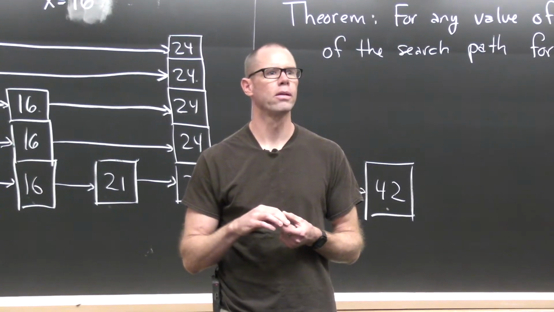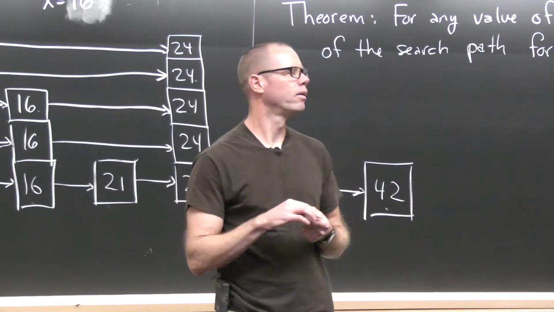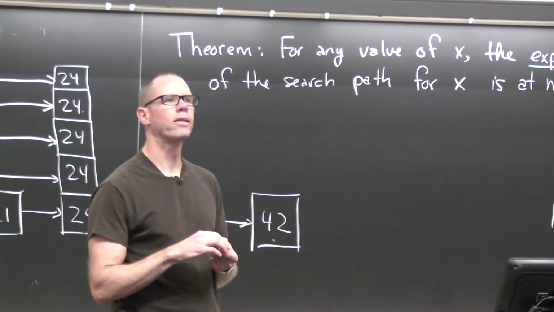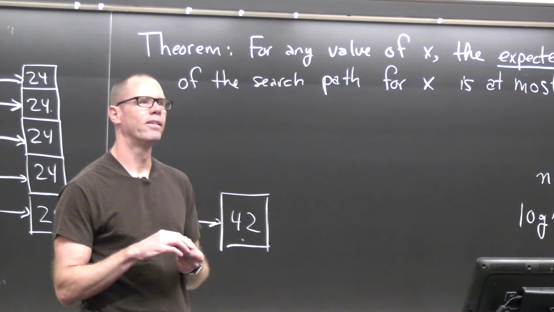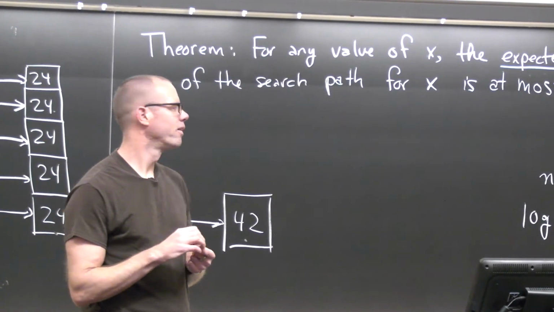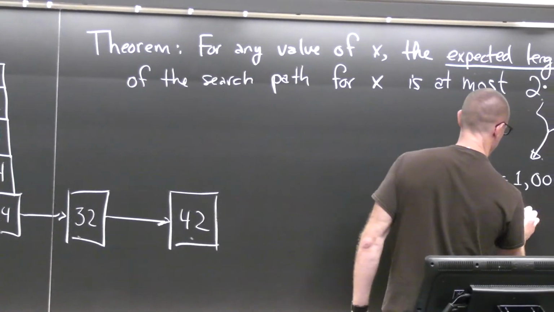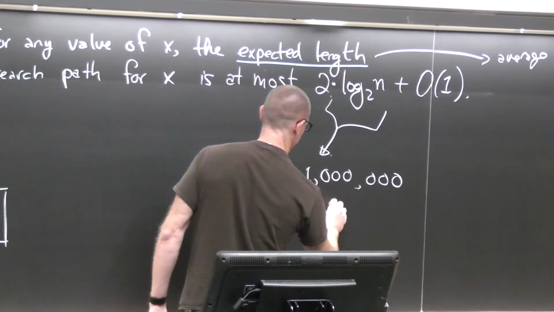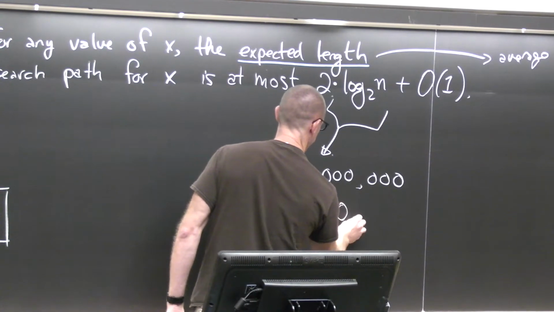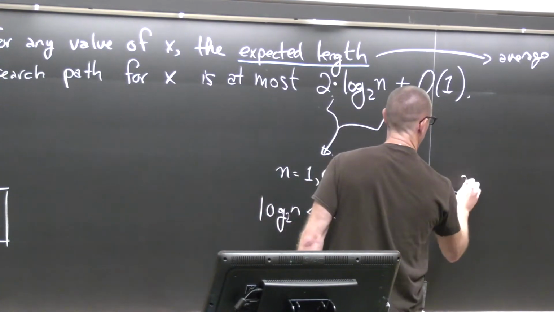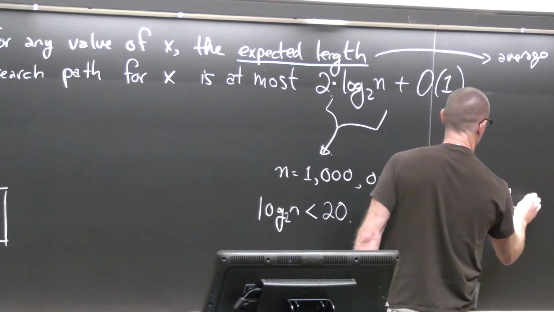Not 1,000. 6. Nope, wrong log. Wrong base. 20. Yes, it's about 20. So log base 2 of n is actually less than 20. And that's because 2 to the 20 is bigger than 1,000,000.